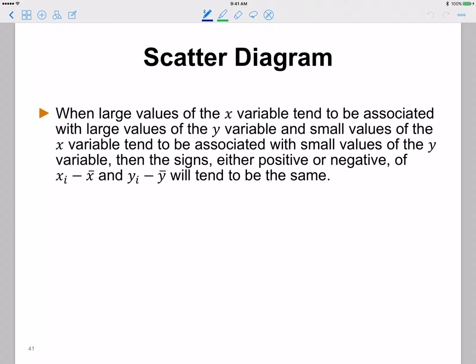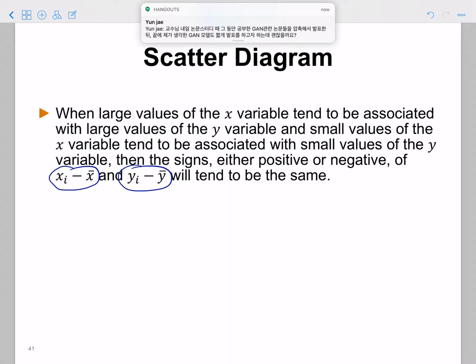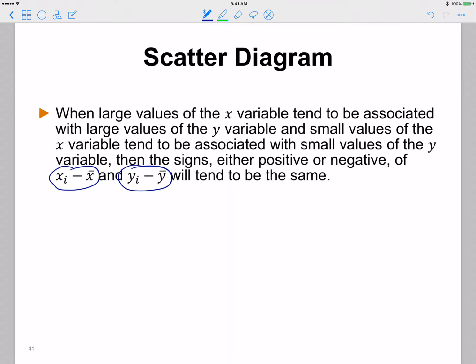In order to do that, we consider centered data. Suppose we have 10 persons' height and weight information, and we consider the average height and weight, and then we just subtract these average values from each of our observation values.